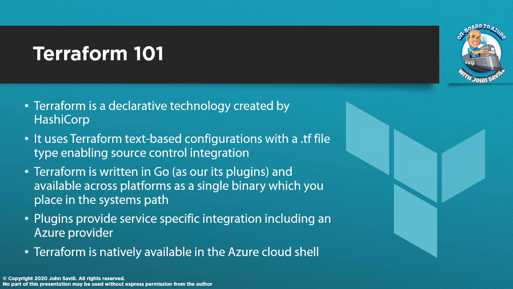Additionally, Terraform is natively available in the Azure Cloud Shell. If I just start up an Azure Cloud Shell, I can just type terraform. It's there already, I don't have to do anything, which gives you a hint of the close integration Terraform has with Azure.